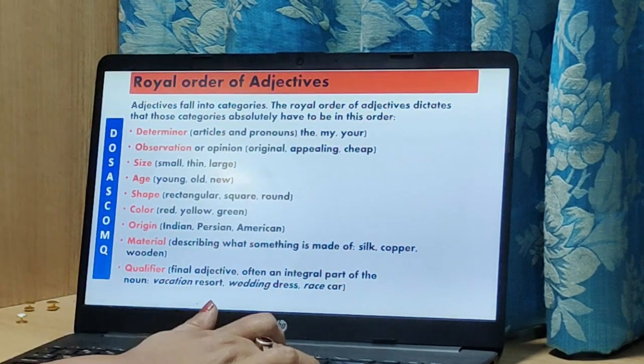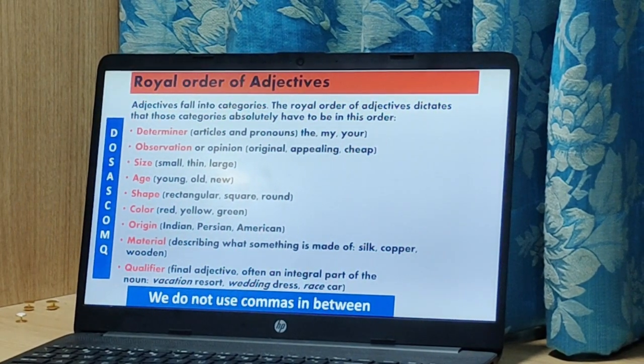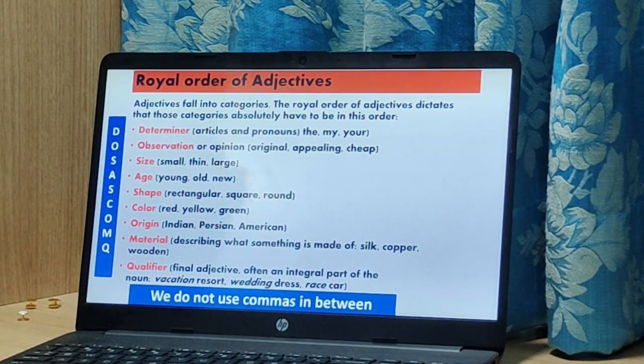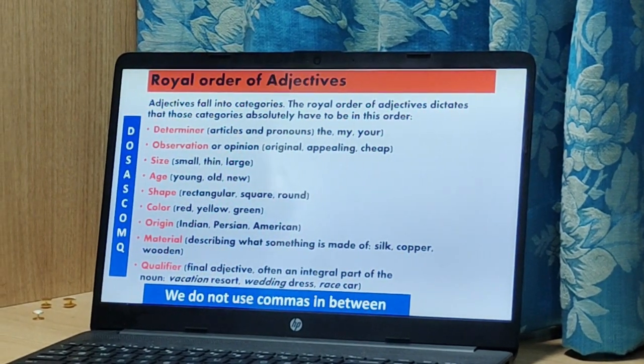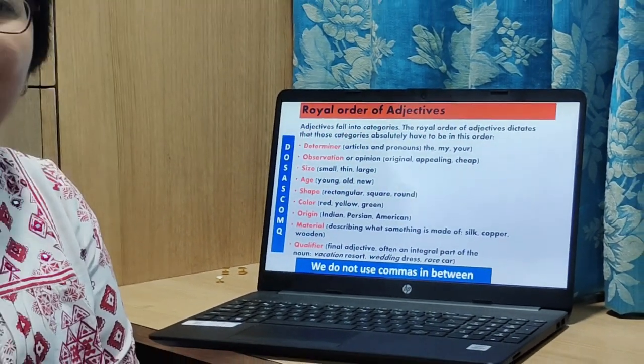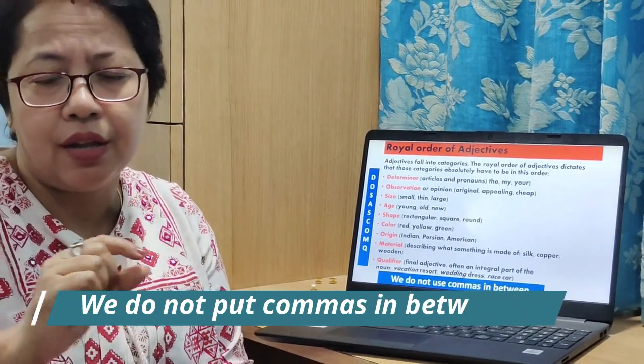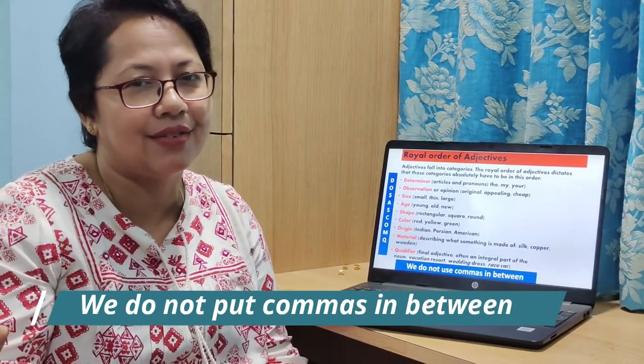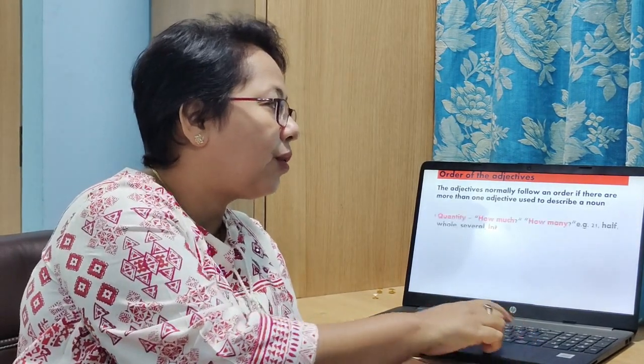This way you'll remember it very well, but of course we also need to remember there are so many adjectives in between. You might be confused. Shall we put commas in between them? We normally do not put a comma in between those series of adjectives before a noun. Even though there are so many sequences that they follow, one good fact for us is that it comes very naturally to all of us.